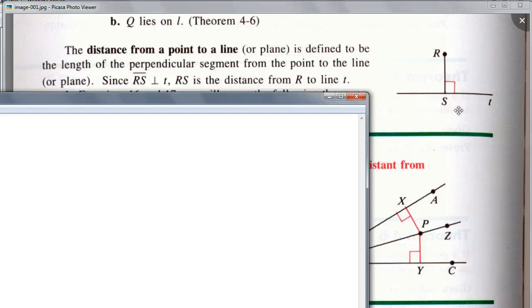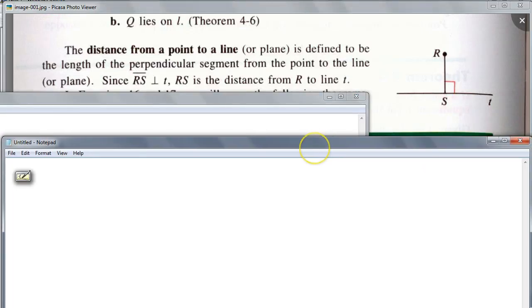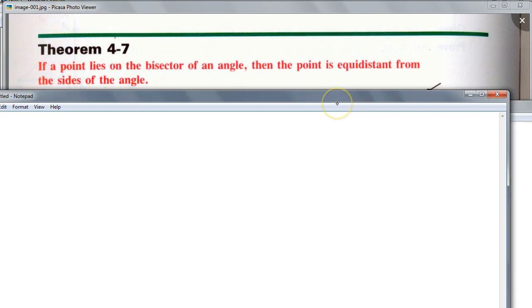So it could be to the line or the plane, same idea. Write that down, because this will be used for our 2 other theorems that are going to come up in a minute. And of course on the test. Okay? So knowing that definition, we now come to this theorem.